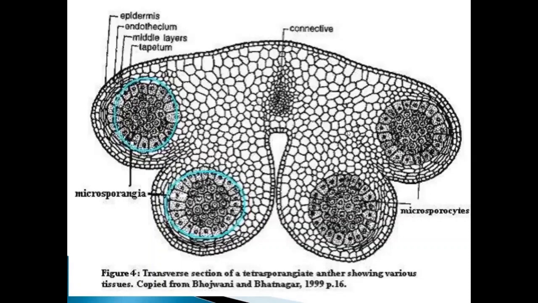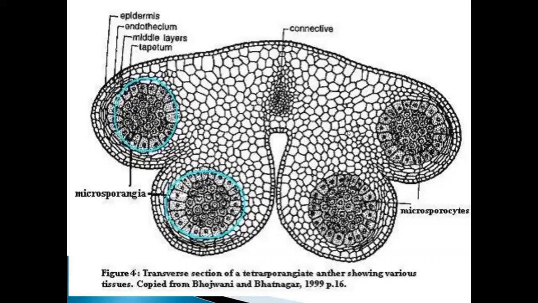We observe a single layer of cells. The epidermal cells in a mature anther become stretched, and after maturity some become much flattened also.